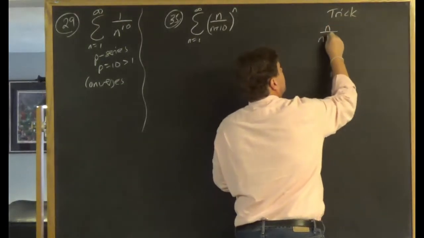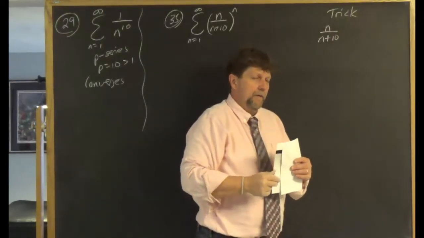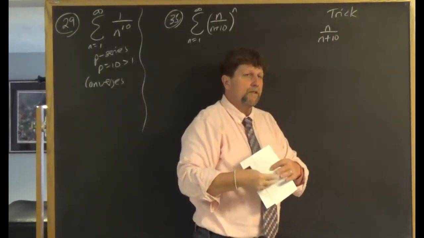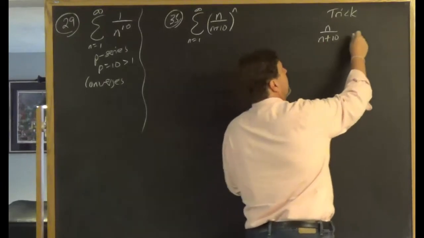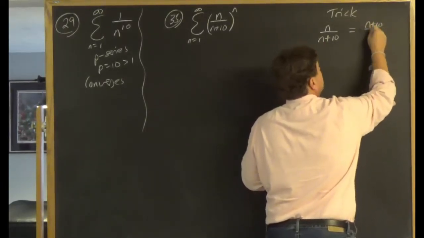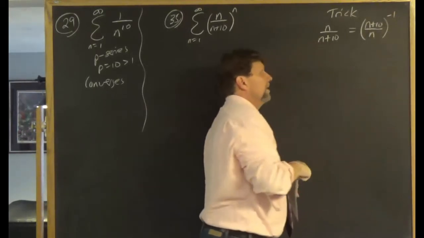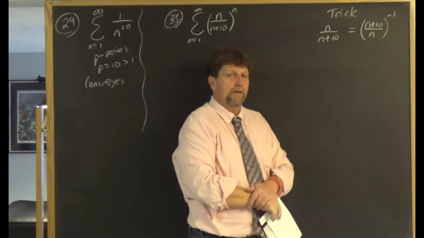n over n plus 10. Making use of an old rule of exponents, n over n plus 10 is the same thing as n plus 10 over n to the negative first power.